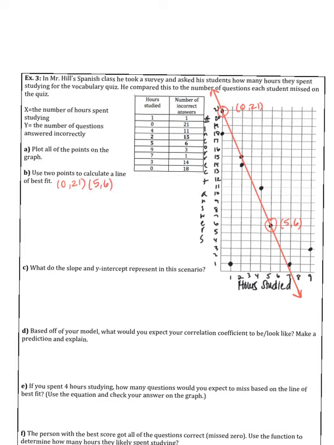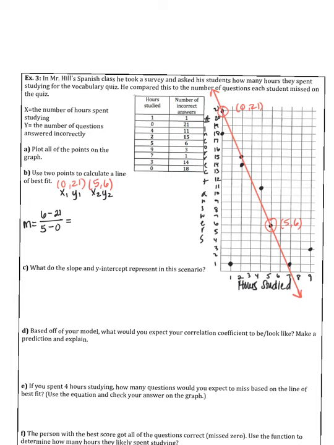So now we're going to write the equation of our line of best fit. And if you remember, the first step of writing an equation is always to find the slope. So I'm going to label up my points, and write my slope formula. Y2 is 6 minus Y1, which is 21, over X2, which is 5, minus X1, which is 0.